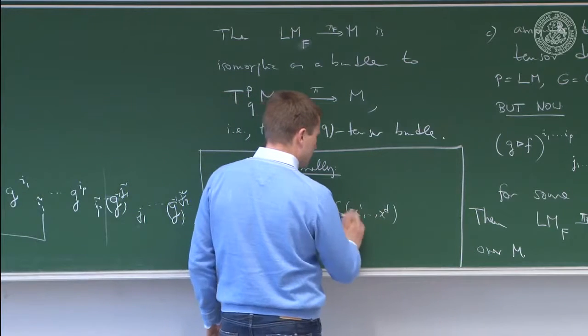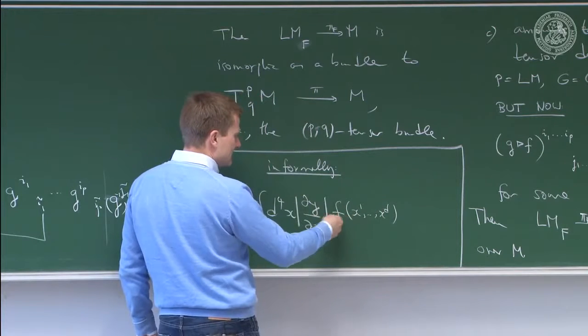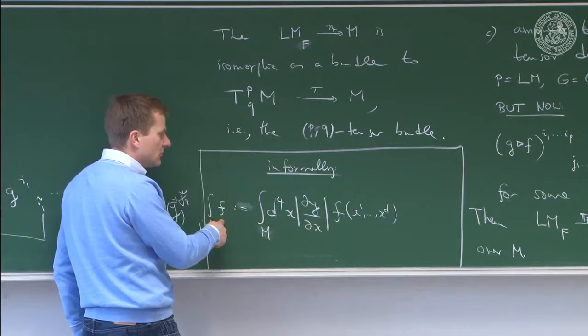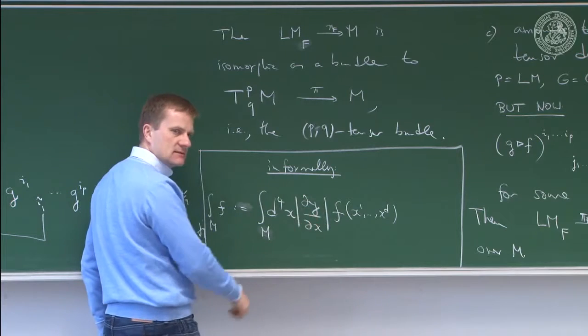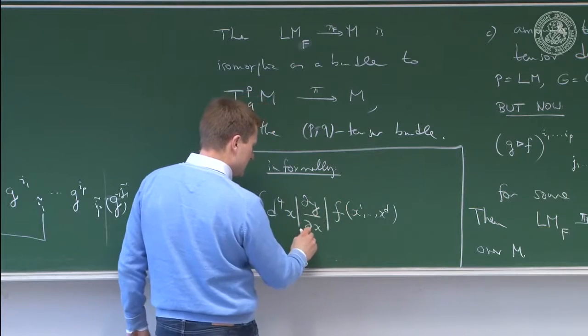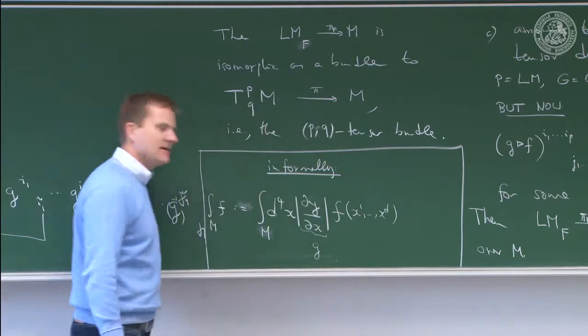It's a disaster because this changes the value here. So what you need to do is cancel this factor. This here is the transformation of chart, so this is the G here.